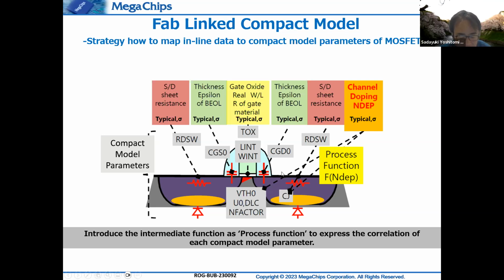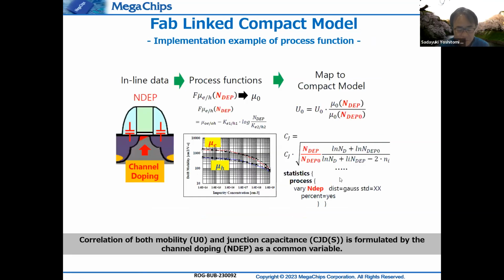On the other hand, there are some big data items that are correlated with many BSIM4 model parameters, such as channel doping concentration, represented by NDEP in the BSIM model parameters. So on the next page, we will show how to incorporate this kind of parameter, which has many correlations with model parameters, using the NDEP case.